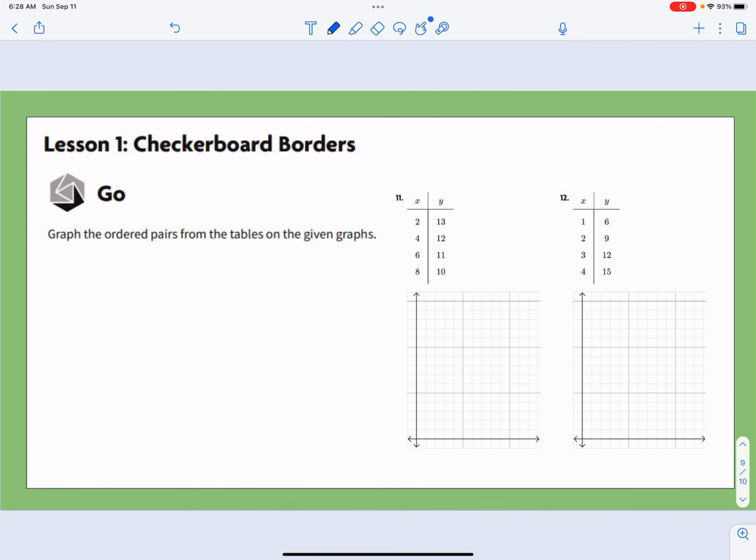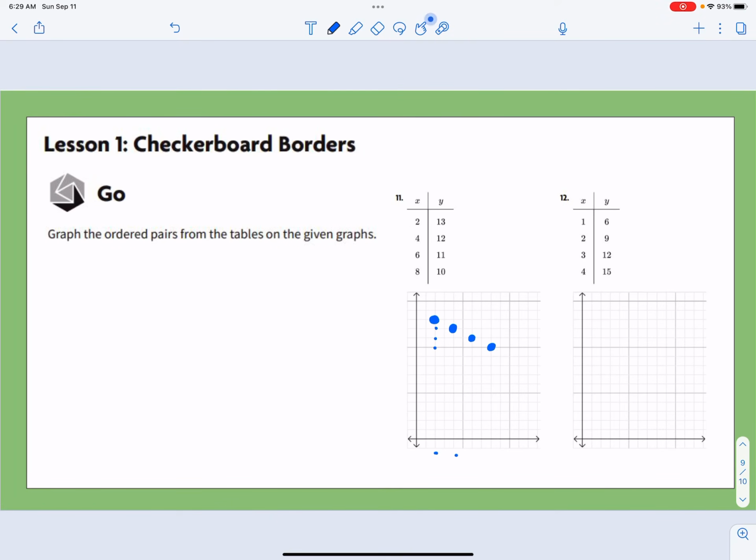All right, and our last section here, we have 2 and 13, so it's 10, 11, 12, 13. We have 4 and 12, which is here. We have 6 and 11 there, and 8 and 10 on the line.